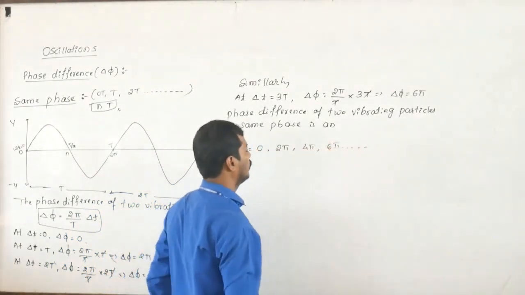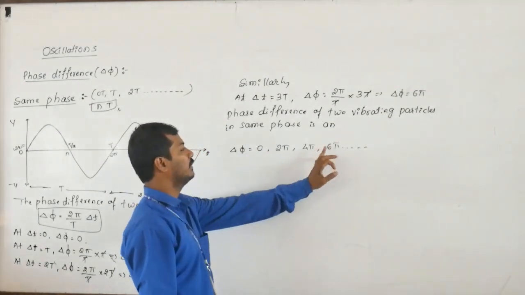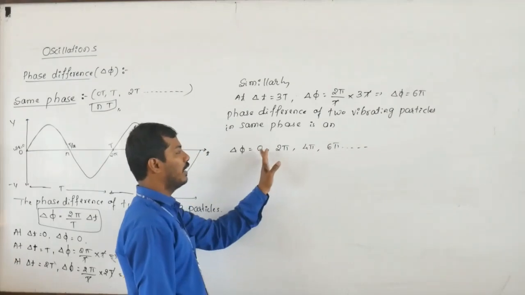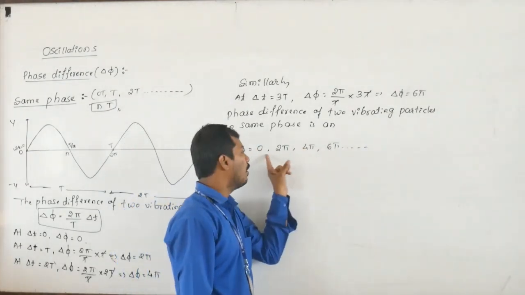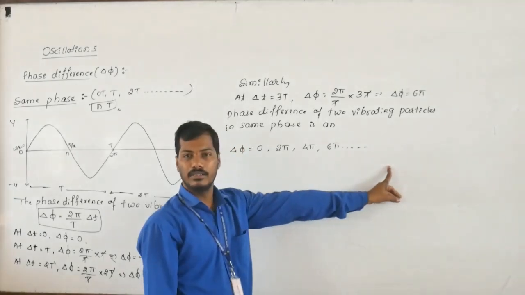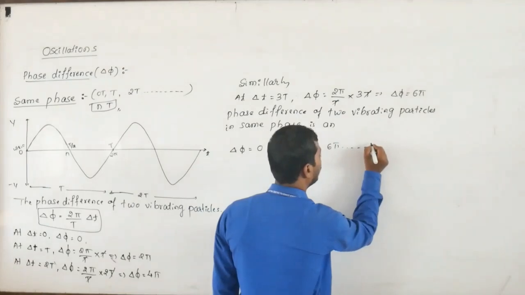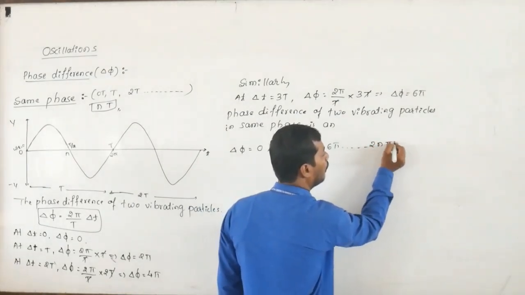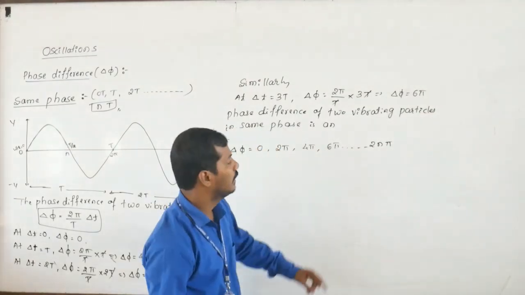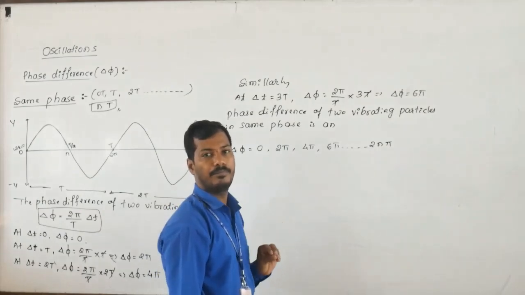Sorry, it is 0 pi, 2 pi, 4 pi, 6 pi. All are even numbers. Here it is nothing but 2n pi, 2 times n into pi. It is nothing but an even integral multiple of pi.